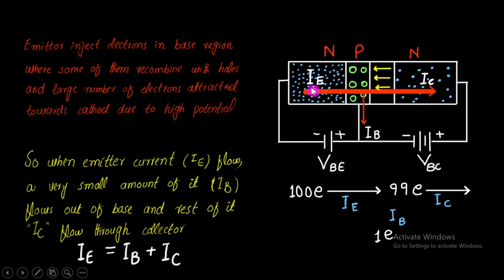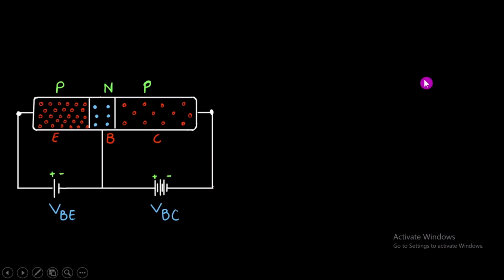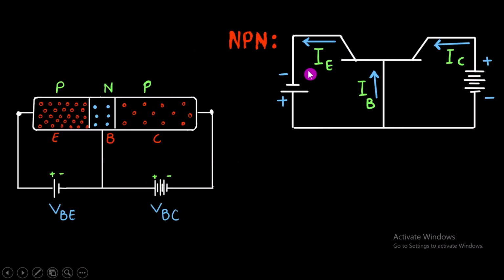Because here the current IE is from left to right, and in this case it is from right to left. So why is it so? In our KPK book we have this diagram, based on the conventional current, and that one was for the electron current, and there is no other difference.